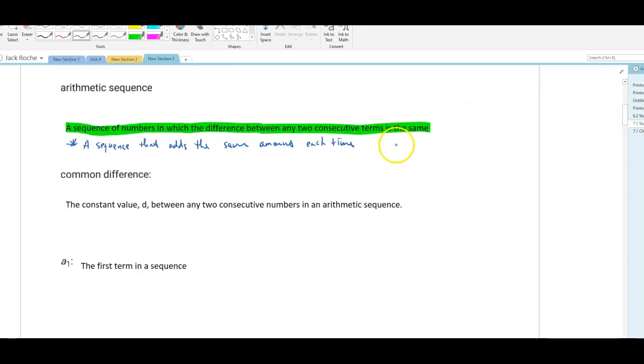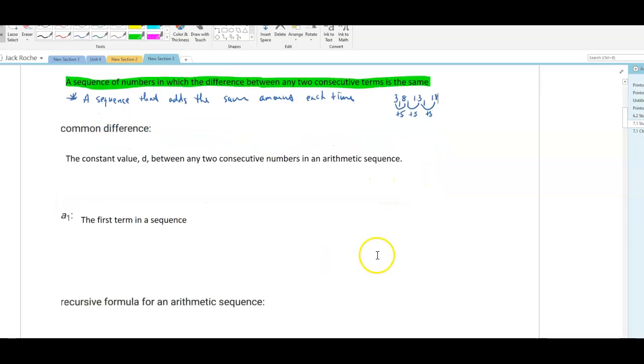And when I look at a sequence, if I take like 3, 8, 13, 18, this is an arithmetic sequence because to get to the next term, what am I doing each time? Adding 5. Now they say where the difference between any two numbers is the same. So they're basically saying 8 minus 3 is 5, 13 minus 8 is 5, 18 minus 13 is 5. So that's how you determine if it's an arithmetic sequence.